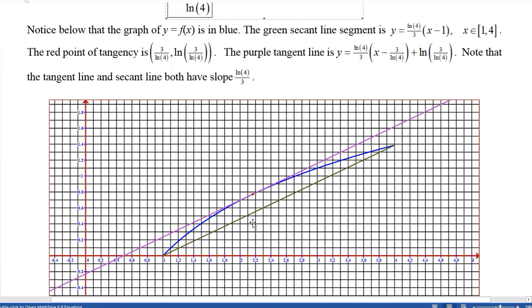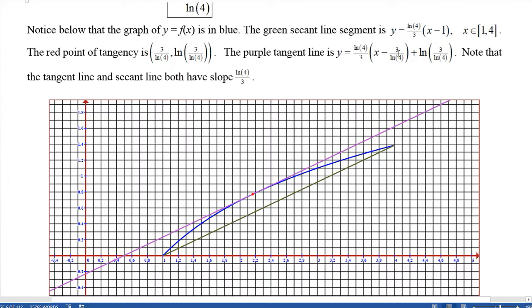The c value that we're looking for is 3 over ln of 4, and the y value that goes with that is ln of 3 over ln of 4. That's the red point of tangency right here. Then we make a tangent line with the same slope as the secant line, which is ln of 4 over 3, times x minus this x value of 3 over ln of 4, plus the y value, ln of 3 over ln of 4.